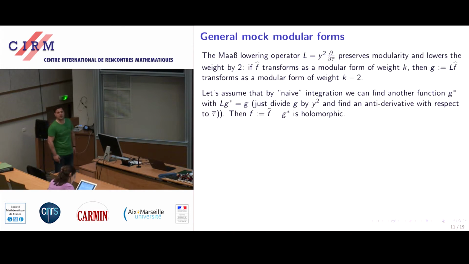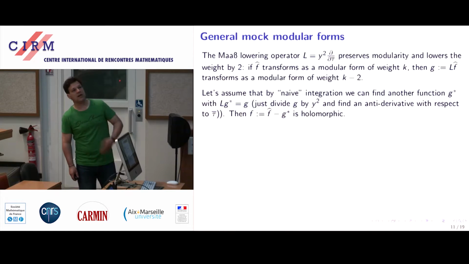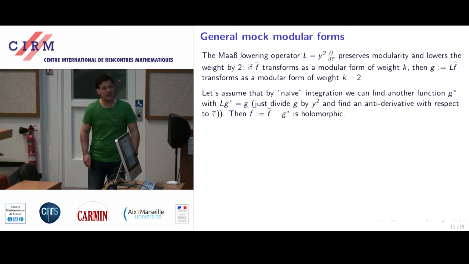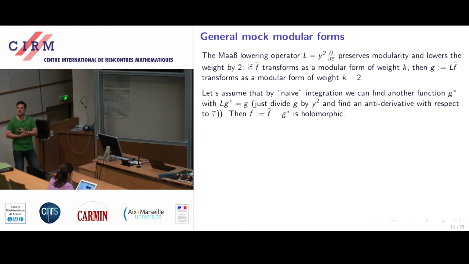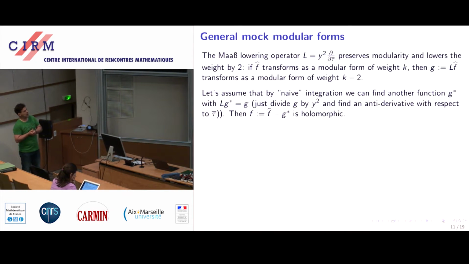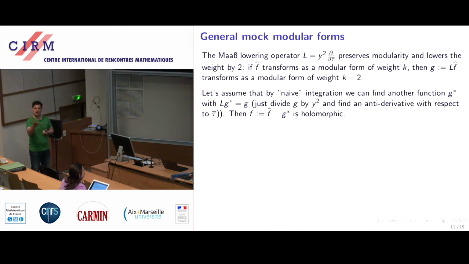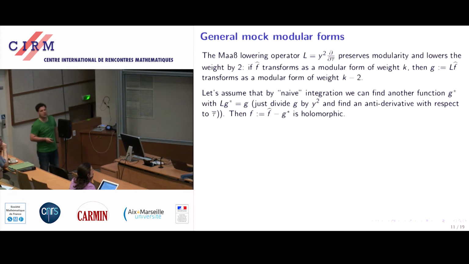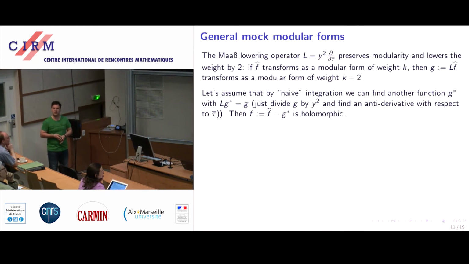So let's assume we have such a thing. You apply the mass lowering operator, and you get a function g. Right? Now let's assume that I only give you g. I don't tell you what f hat is. I only tell you what g is, and I tell you I want to find a function such that the Maass lowering operator applied to it gives you exactly g. Well, what can you do?